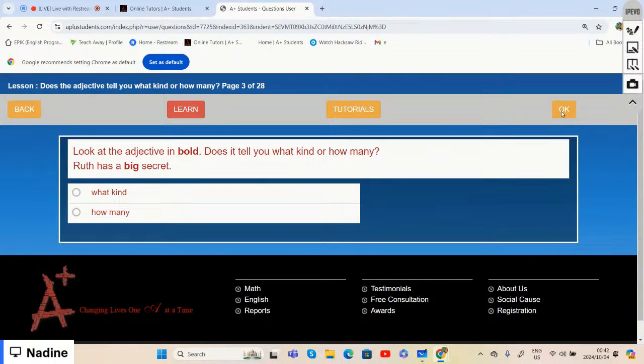Ruth has a big secret. Big secret. Does that tell us what kind or does it tell us how many? Does it tell us what kind of secret or how many secrets she's keeping?